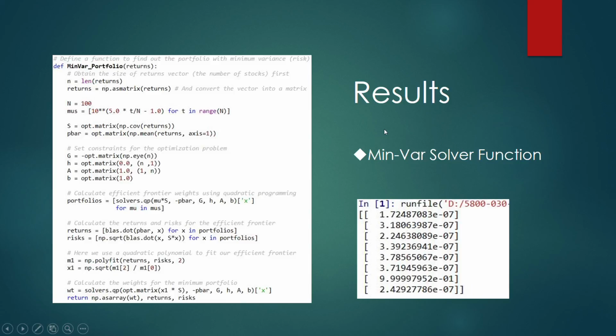We notice that the input parameter is a returns vector, and the only constraint we need to set is that all weights must sum up to 1. By running this function, we finally obtain the minimum variance portfolio weights. And the result is shown here.